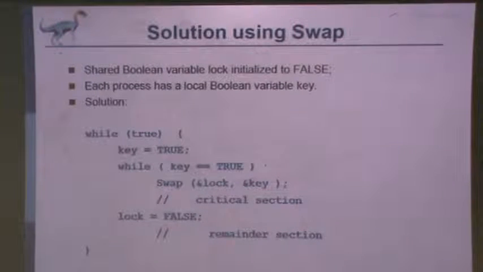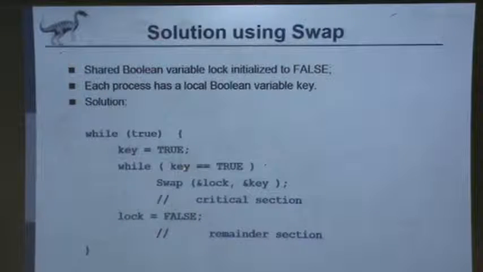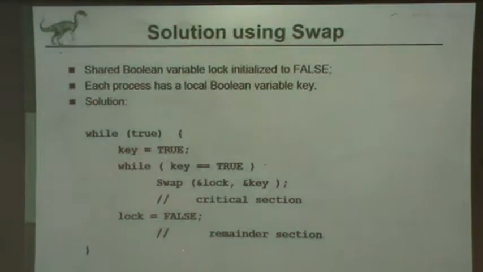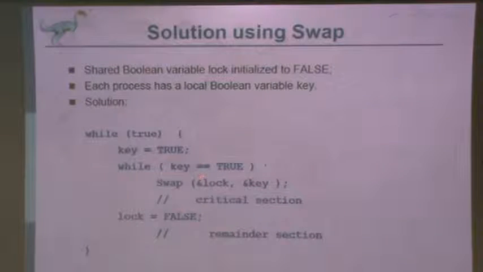Key means my intention: I'd like to enter the critical section. So it expresses the intention. We check whether key is equal to true, which means if the current process does not intend to enter, you don't have to enter the critical section. If key is true, I'd like to enter the critical section, so we check this.